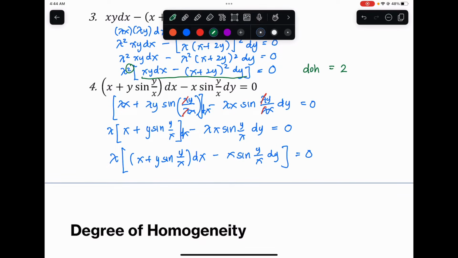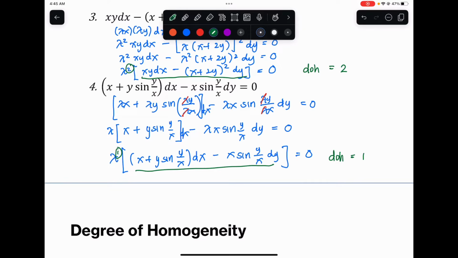So again, x plus y sine y over x dx minus x sine y over x dy is the same as the original equation. So we only have a factor of lambda, and its degree of homogeneity is 1. Okay, because of the power of lambda.